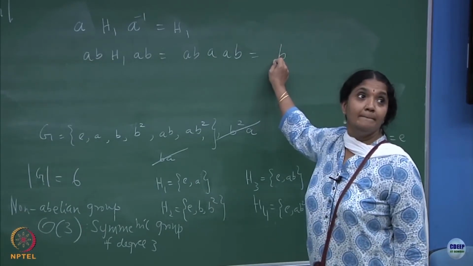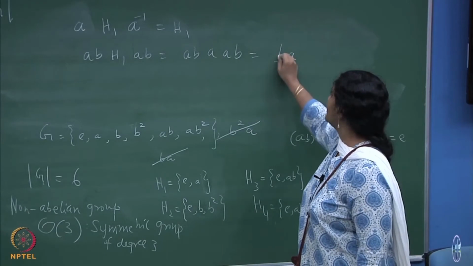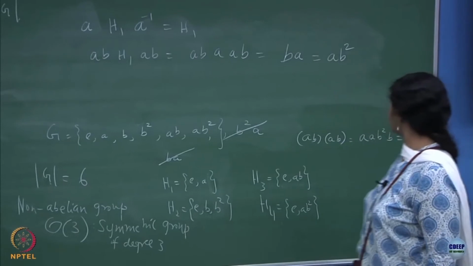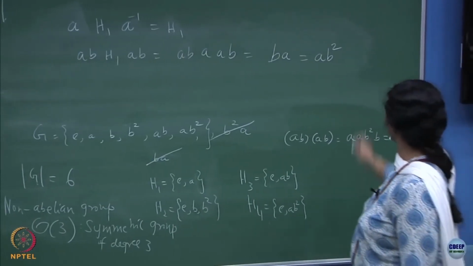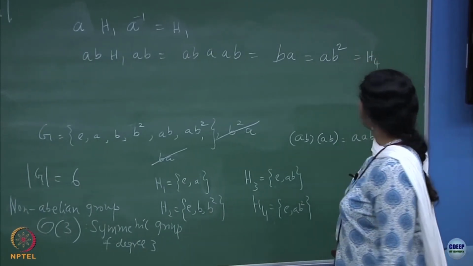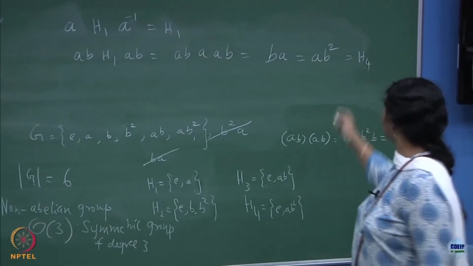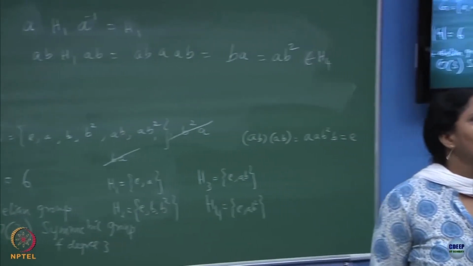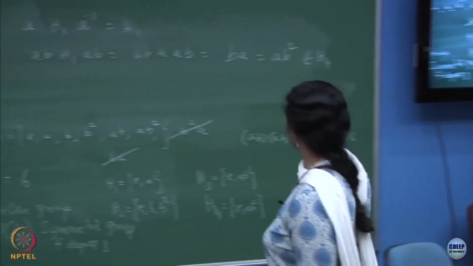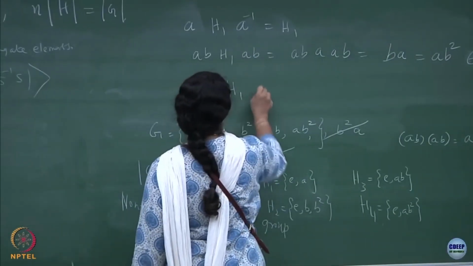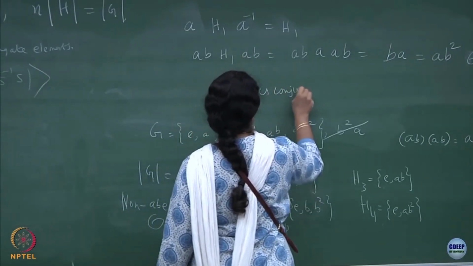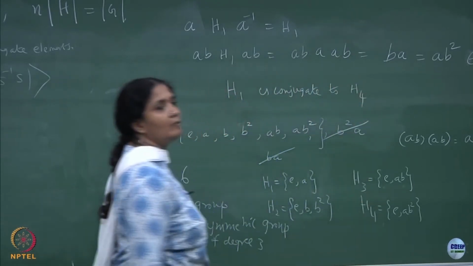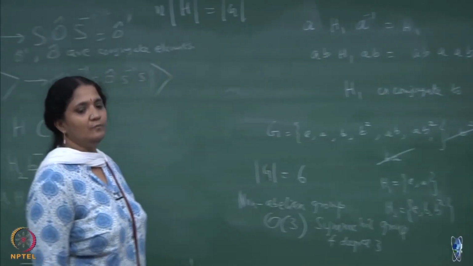You get B A, and that is the same as A B squared, right? It is an element of H4. So, what does that show? H1 is conjugate to H4.